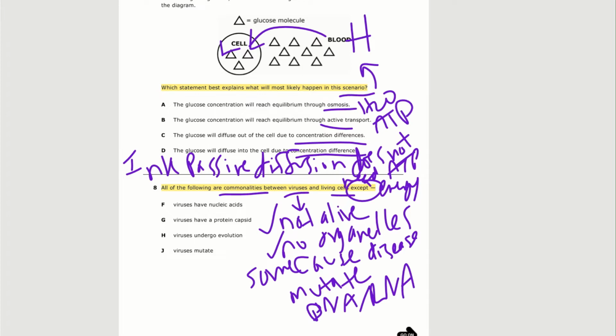So we're looking for something that's not similar. So viruses having nucleic acids, is that similar or not similar? We're going to say that is similar or common. Viruses have a protein capsid. I know we don't have that. Viruses undergo evolution. I think we do too. Viruses mutate. I think we do too. So G's your answer.